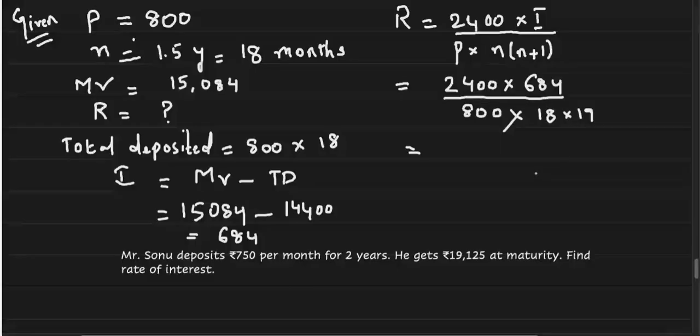Do the calculation and after doing everything, you will get 6%. So the rate of interest will be 6%. This is the final answer. I hope you know how to divide and multiply properly; after that, the answer will be easily achievable.